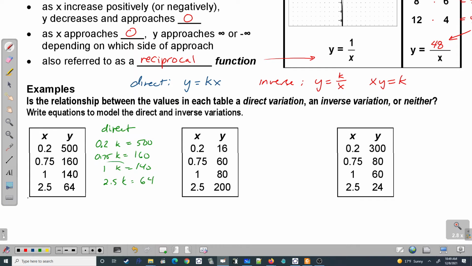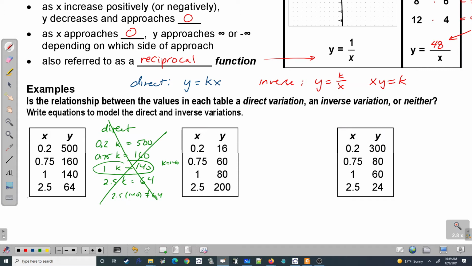And here, I'll use this as an example. I happen to have 1 times k equals 140, so k would have to be 140. But you can see here, 2.5 times 140 is not 64. So this is not direct.